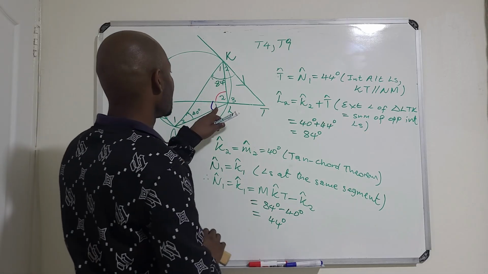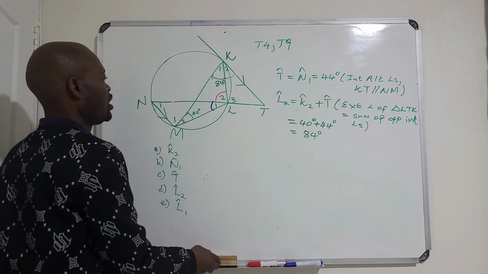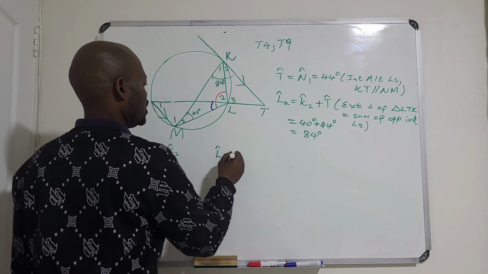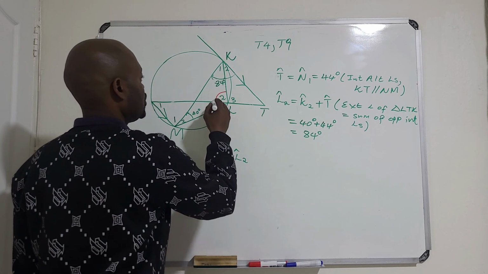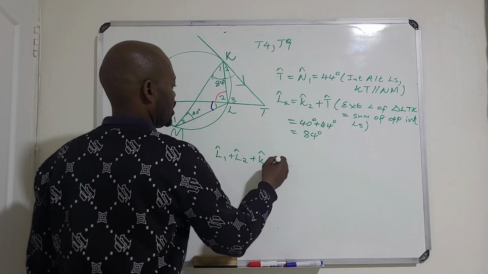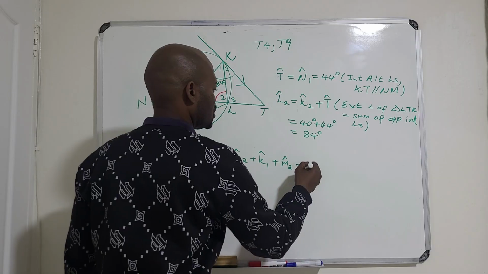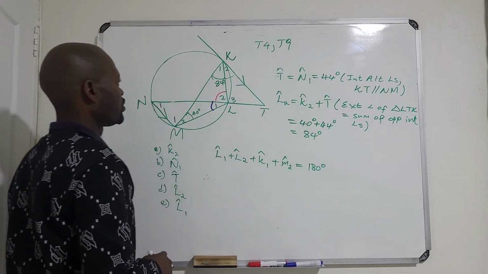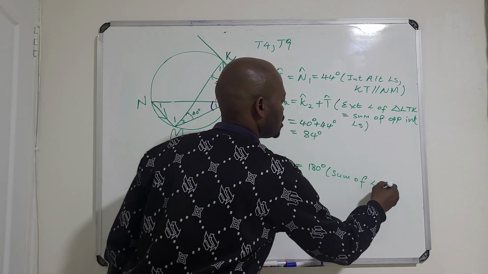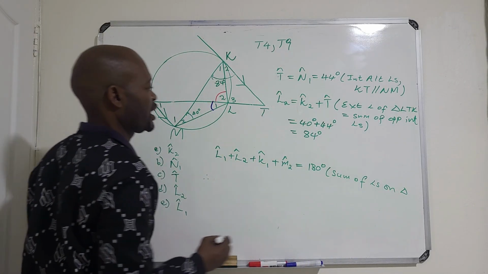Therefore, we can find L1. For me to find L1, I can say angle L1 plus angle L2 plus angle K1 plus angle M2 is equal to 180 degrees. Reason: sum of angles in a triangle. Which triangle is that? MLK.